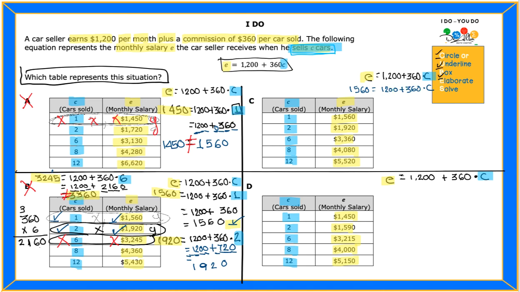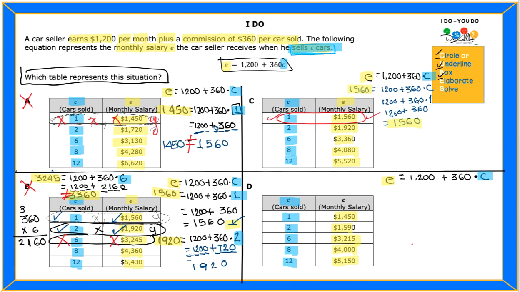So now I know that if I add 1,200 plus 360 times 1, 360 times 1 is 360, plus this 1,200 is going to be definitely 1,560. So that means this value and this value are correct. So far, this pair is working.